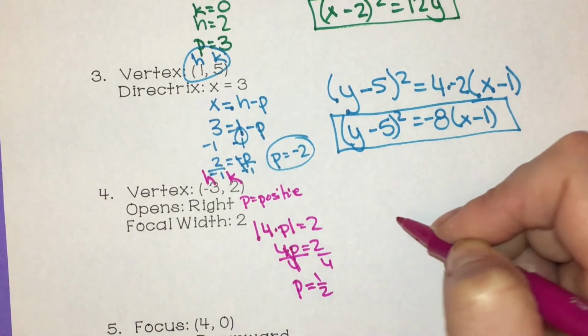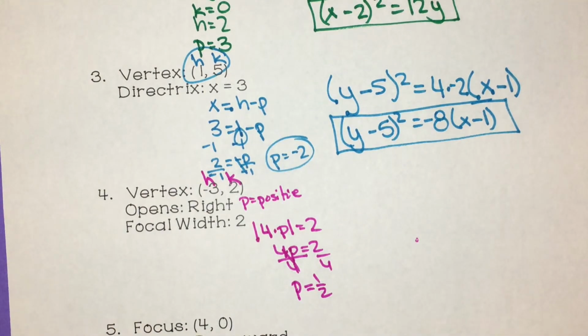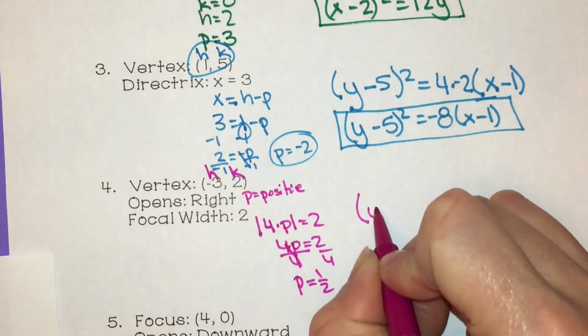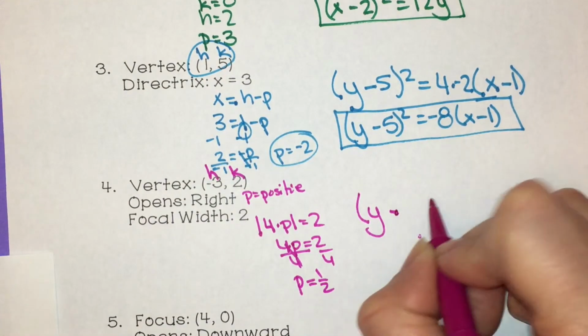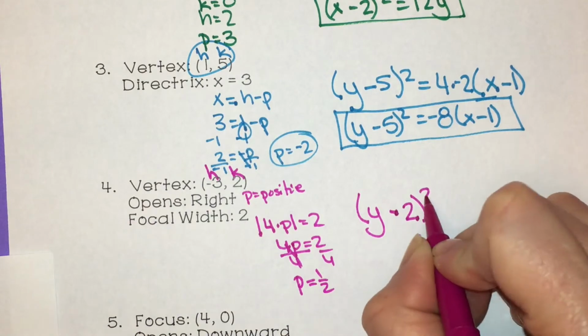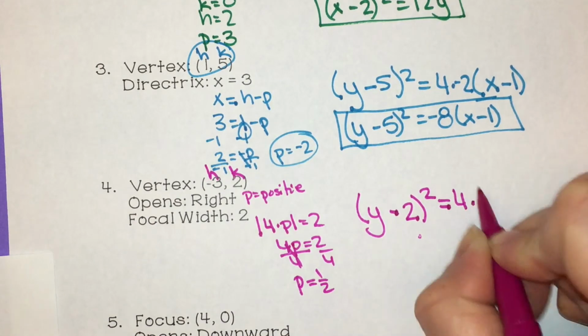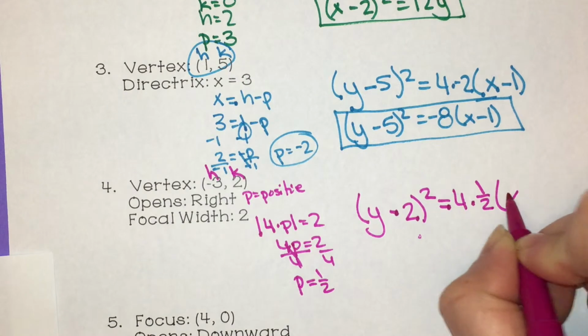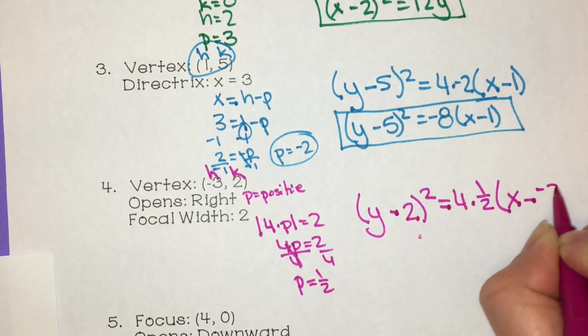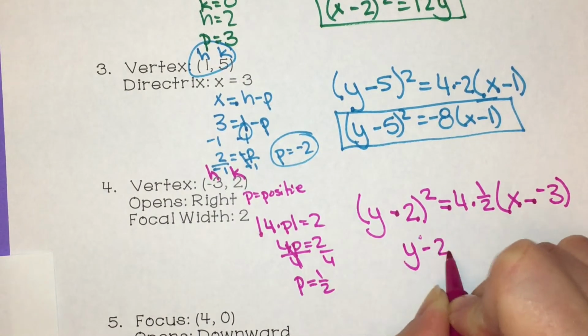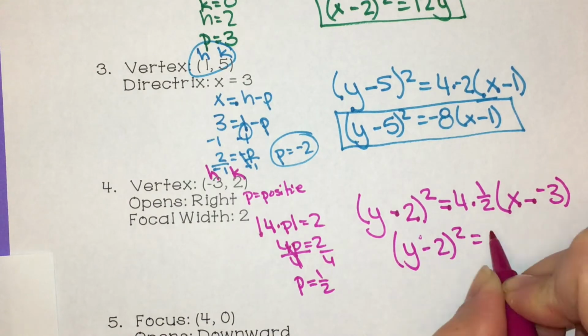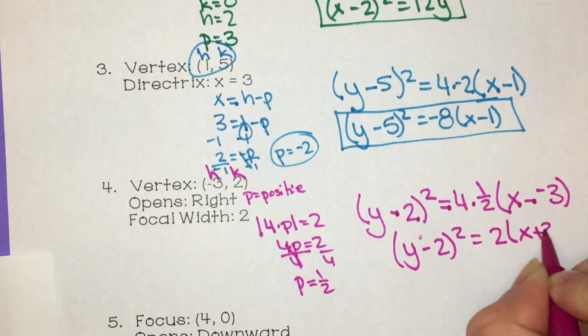So if it opens to the right, I know I have to use this form. Again, (y minus the k value of 2) squared equals 4 times my p value of 1/2 multiplied by (x minus the h value of negative 3). So (y minus 2) squared equals 2 times (x + 3).